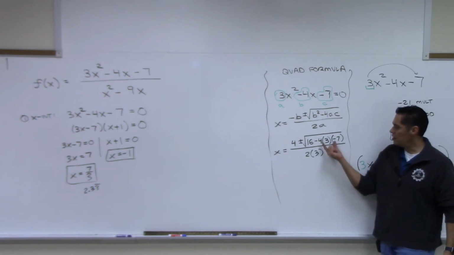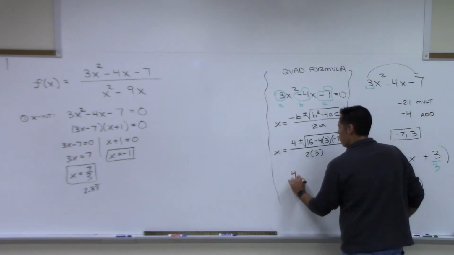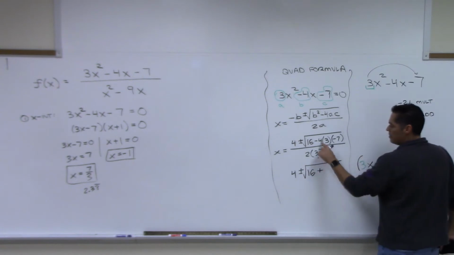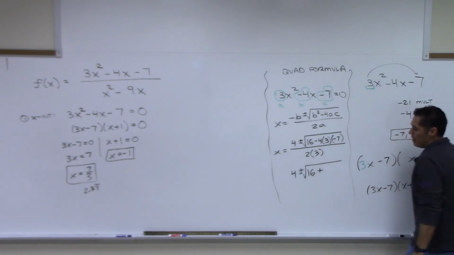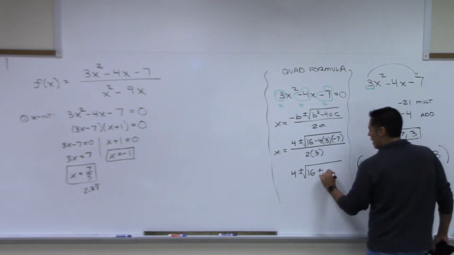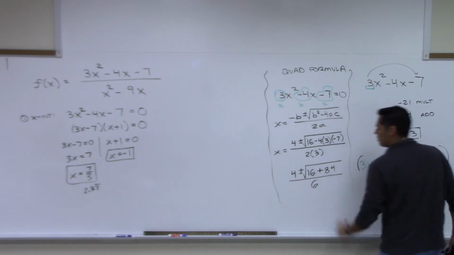And I told you all to look at this and count how many negative signs you see, right? You see 2 of them, which means it's going to become a plus. So I'm going to go 4 plus or minus square root, 16 plus, then just take these 3 numbers and multiply them together. So what is that? 12 times 7, 84? It's 84, I believe. So I'm adding 84 to this, all over 2 times 3 is 6.